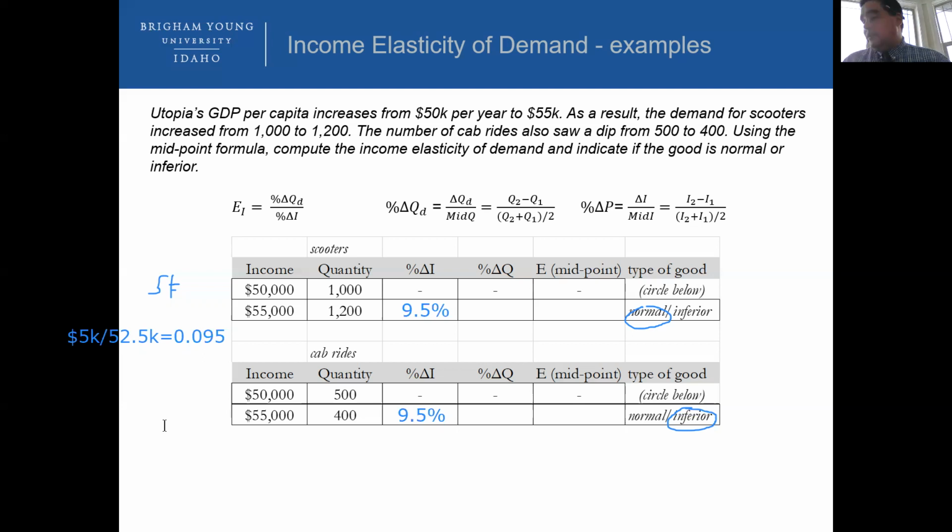So here we have 1,200 minus 1,000, that's 200, divided by the average of the two, that's 1,100. I'll do the math over here to the side. 200 divided by 1,100 equals 18.2%.